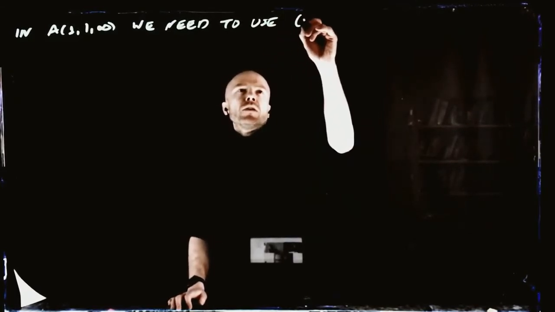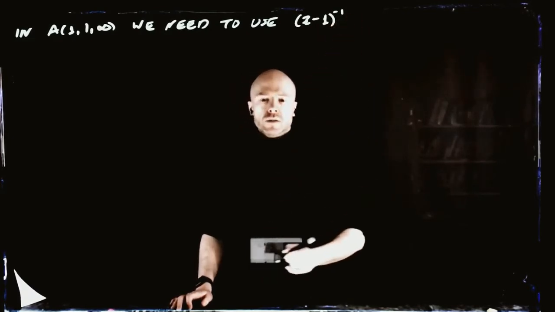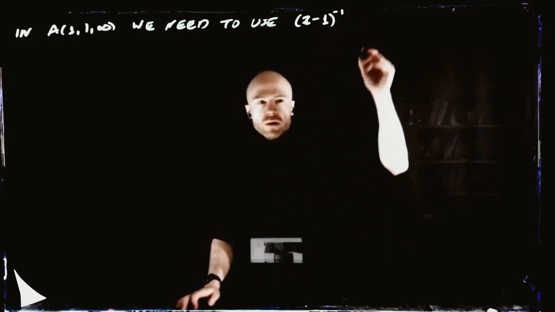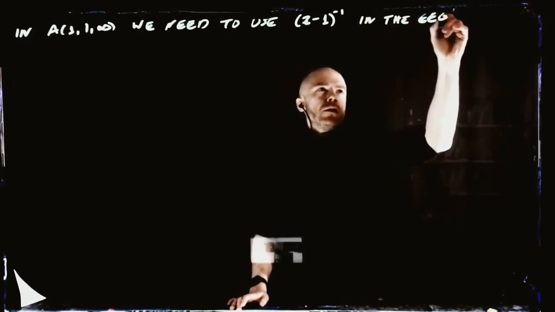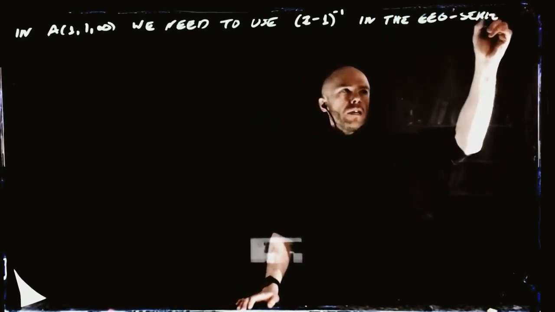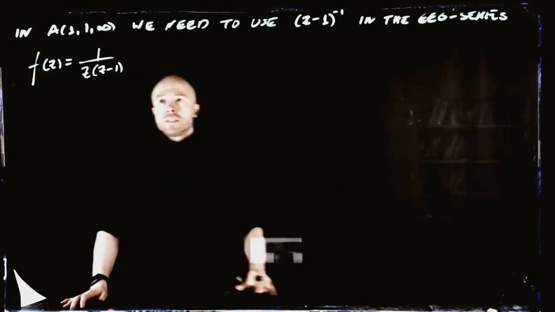Or we need to use z minus 1 to the minus 1 as the geometric series. Because nothing else will converge, right? There's no other thing that has any chance to converge. So we have f of z, again, is 1 over z, z minus 1, like this.